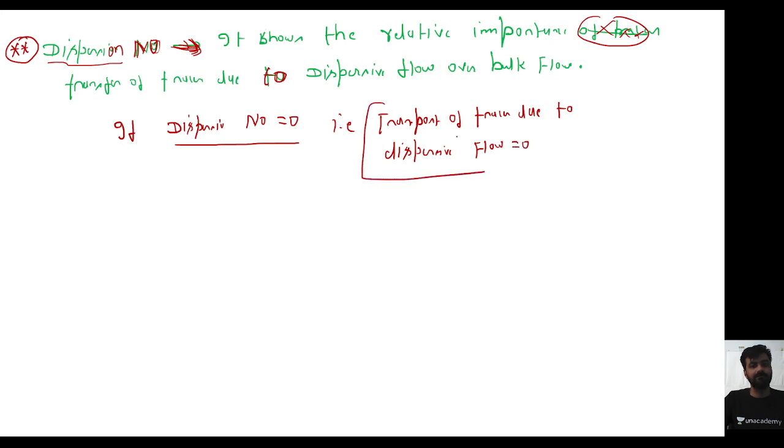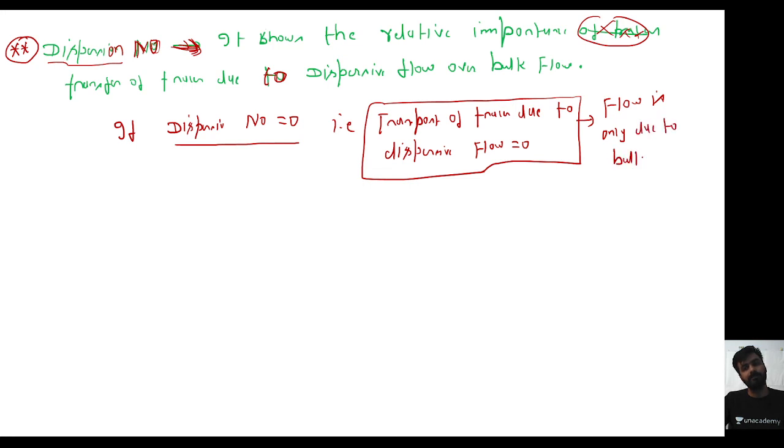Are you getting? Transport of tracer due to dispersive flow is equal to zero, and the flow is only due to the bulk flow term. These two things come into account whenever dispersion number is zero.